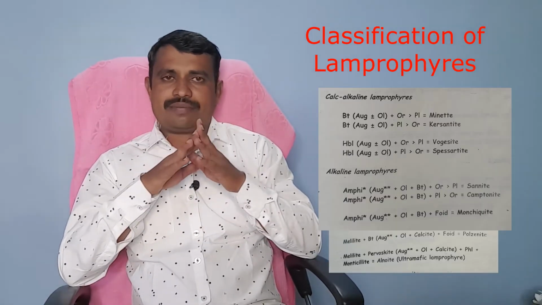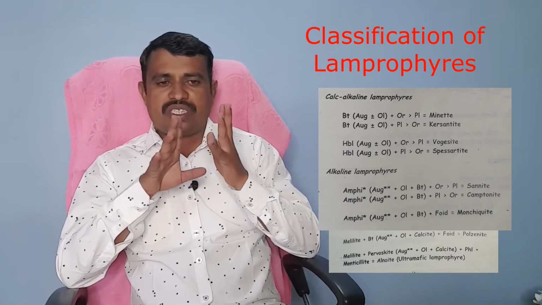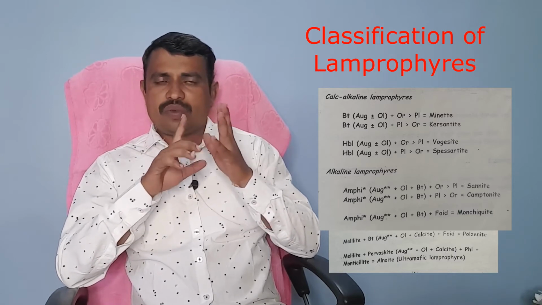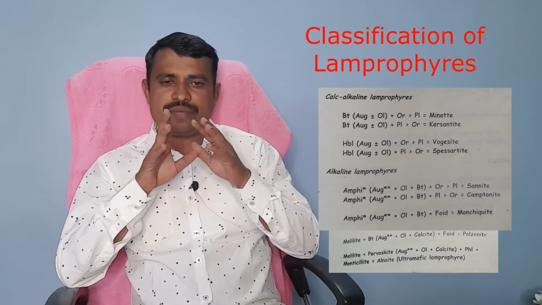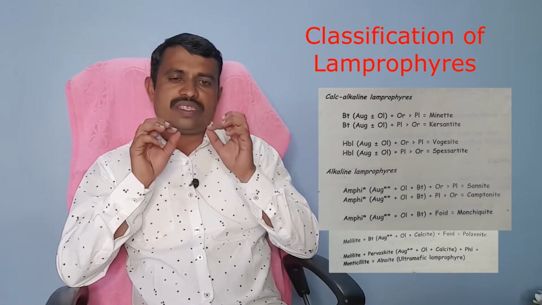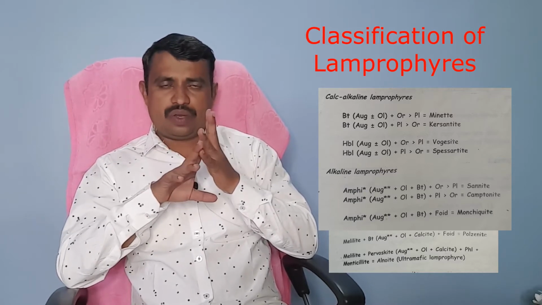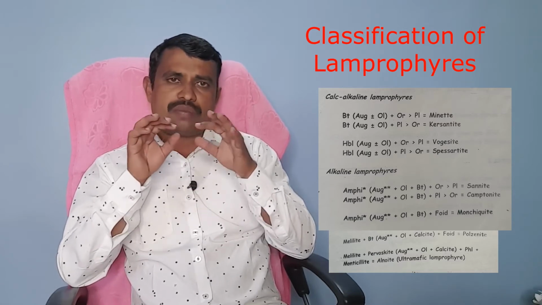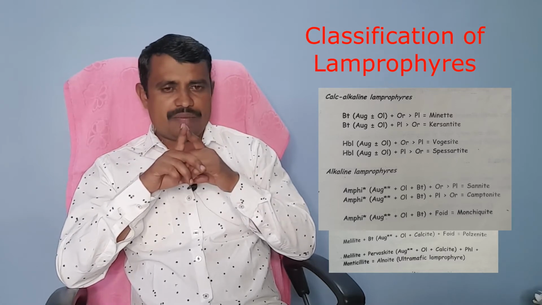Classification: lamprophyres are classified into two types on the basis of mineralogy and chemical criteria. The first type is the calc-alkaline lamprophyre, and the second is the alkaline lamprophyre. The calc-alkaline lamprophyre is composed basically of four minerals. One is mica, particularly biotite, which is one of the major minerals present in lamprophyre.